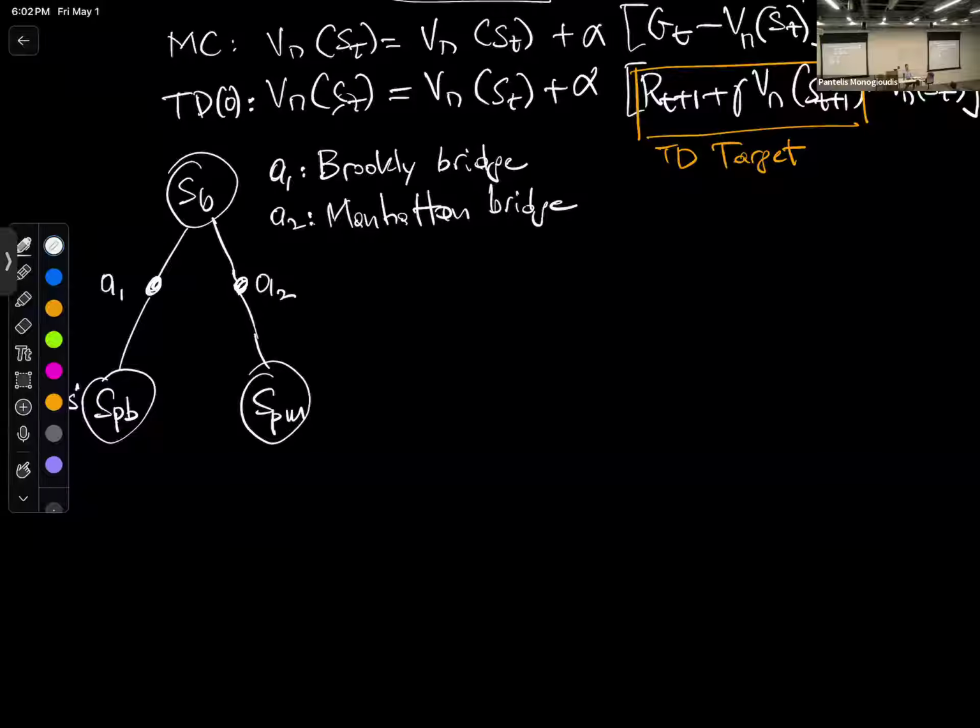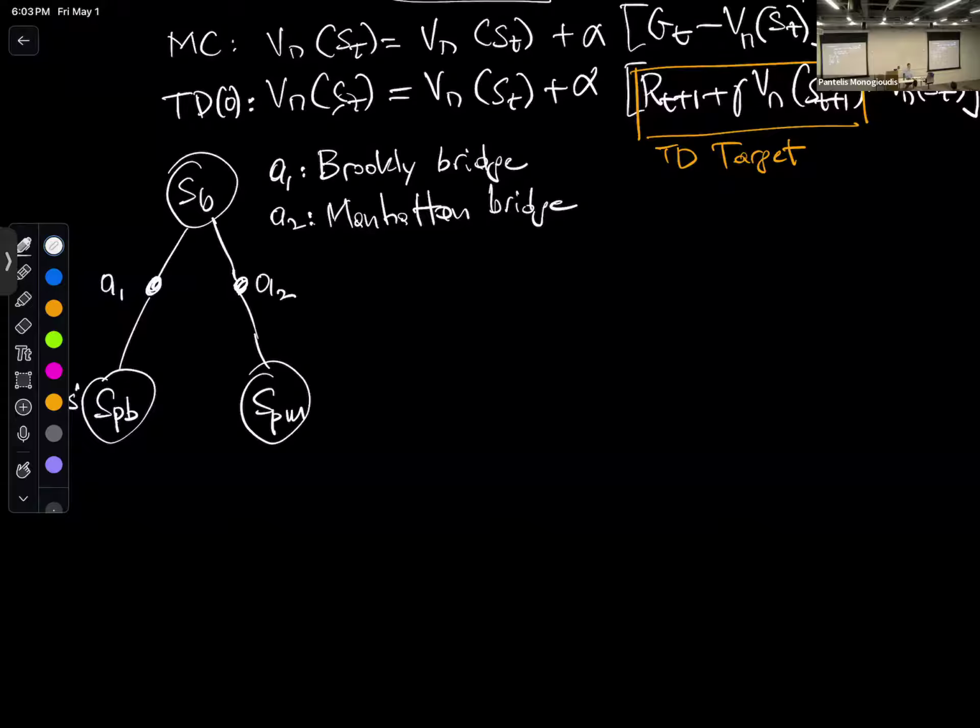Just like what happens with you many times when you're facing some kind of rough commuting situation, the moment you pass a landmark, which is supposed to be of certain value, you can update the value of being in Brooklyn in a sense. What you update is not the value of being in Brooklyn. It's, now it will take me just 30 minutes to reach my destination. So that update is exactly what we do in TD learning.